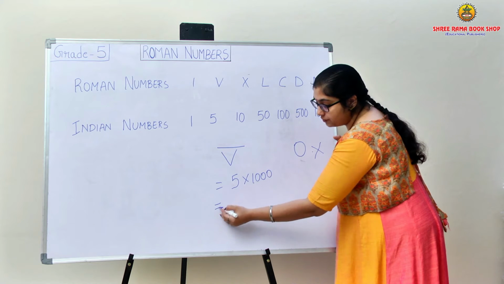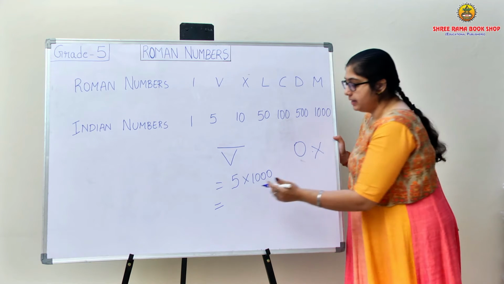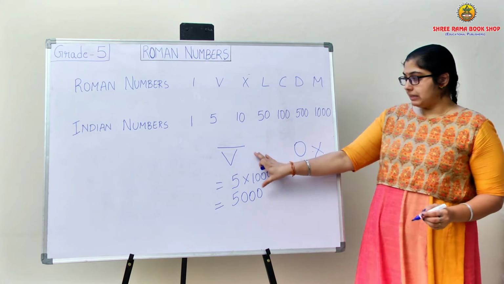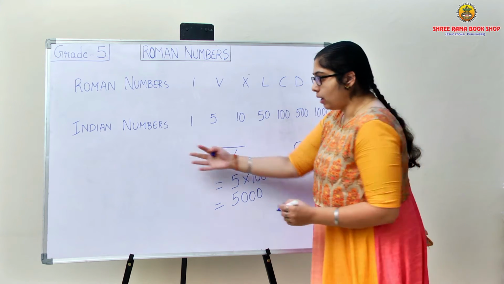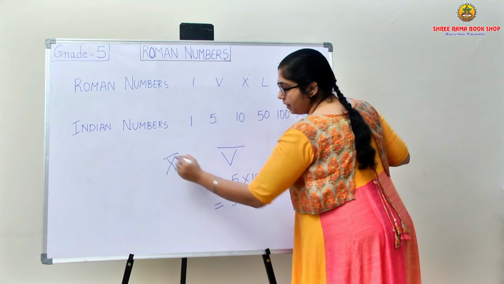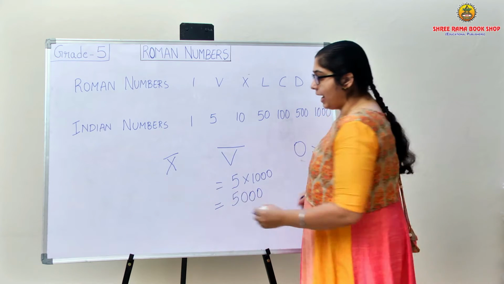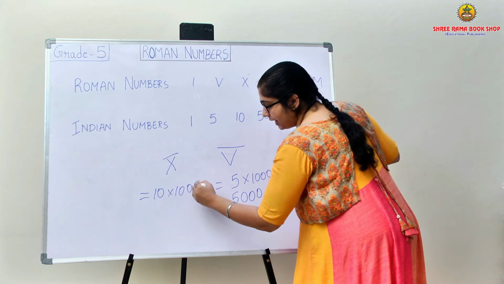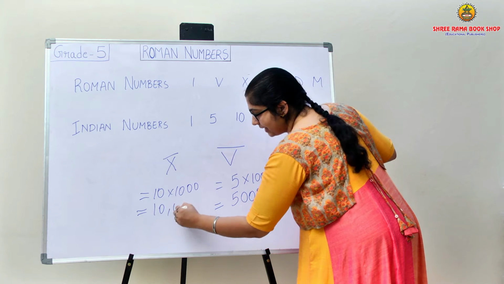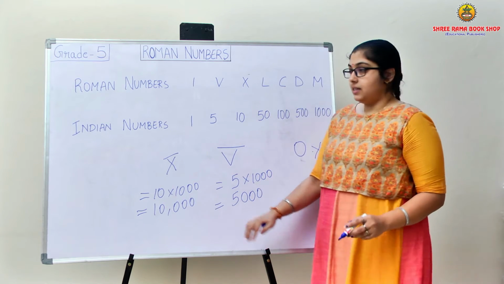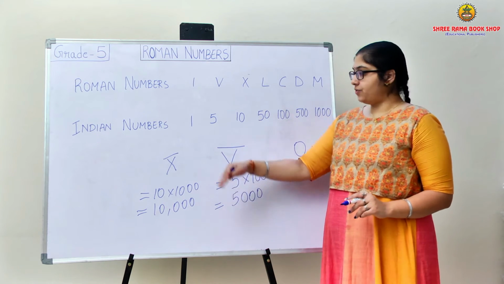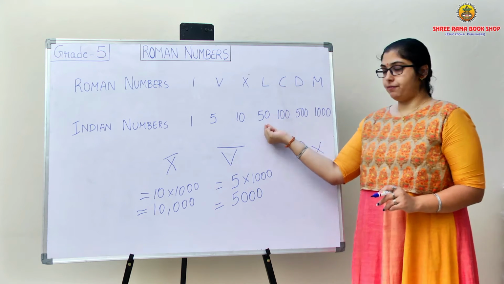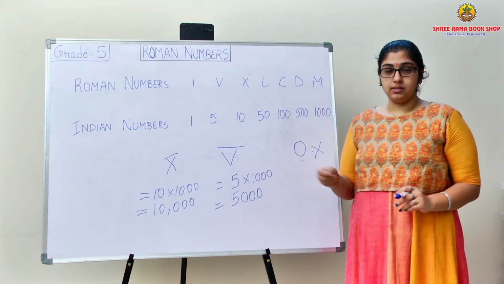So the value of V bar is 5000. Similarly, for X with a bar, I multiply 10 by 1000 so that I get 10,000. The same thing applies to the other symbols too. If I keep L and a bar, then I multiply 50 by 1000, so I get 50,000, and so on.